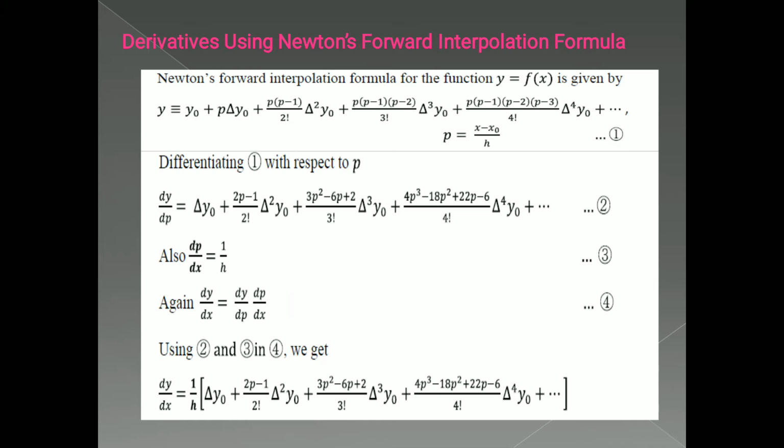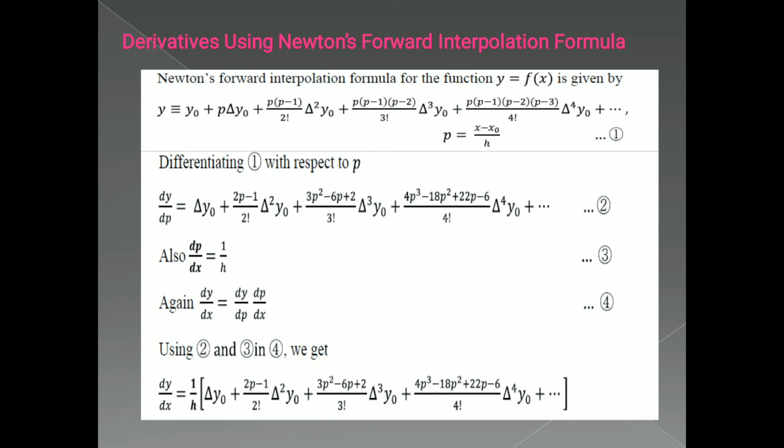Consider this formula as equation 1. When we differentiate equation 1 with respect to p, we can take the derivative of y with respect to p, dy by dp, which is equal to, as y0 is a constant, the derivative of the first term becomes 0, the derivative of the second term is p into delta y0.